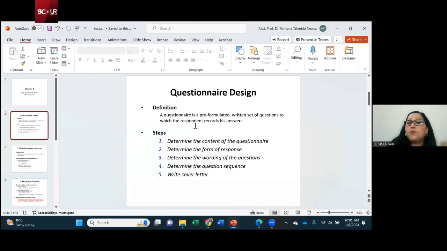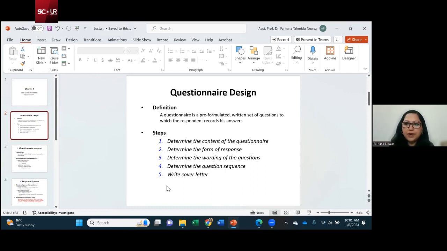First of all, you need to follow some basic steps of preparing the questionnaire. But what is a questionnaire? Questionnaire means there will be lots of questions, right? If we define it, it's a pre-formulated set of questions which you provide to your respondents, and respondents give their answers, and you record all their responses.